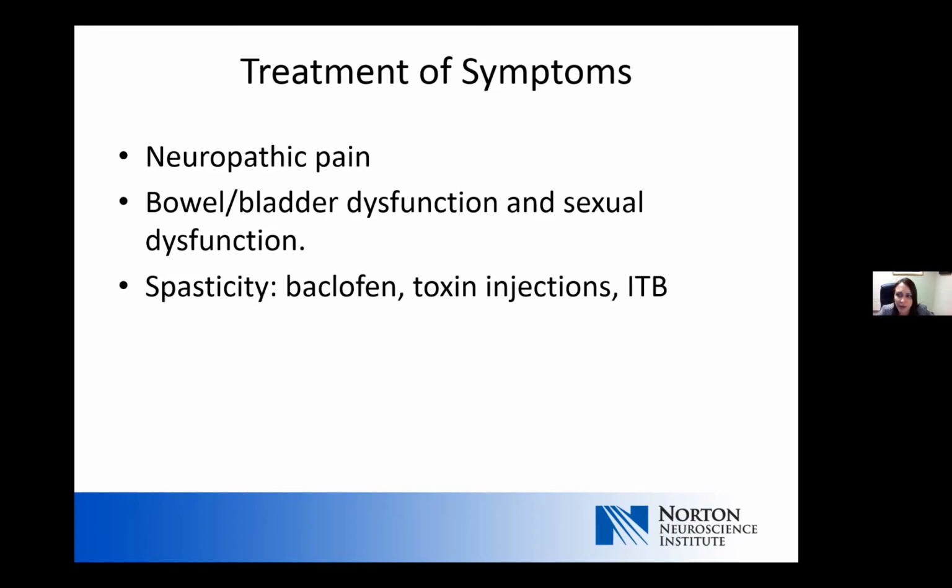And then people who have more focused spasticity, like perhaps they just have spasticity in one of their hands or in one of their legs, toxin injections like Botox and Dysport are great. And then patients who have severe spasticity that either can't tolerate baclofen or toxin injections, or they're just not working, can really benefit from intrathecal baclofen therapy or ITB or baclofen pumps.